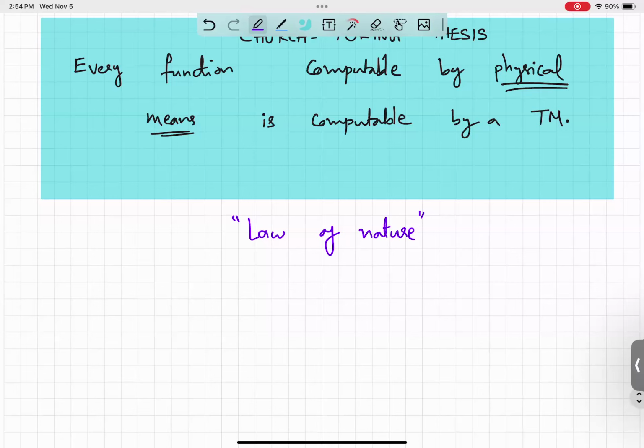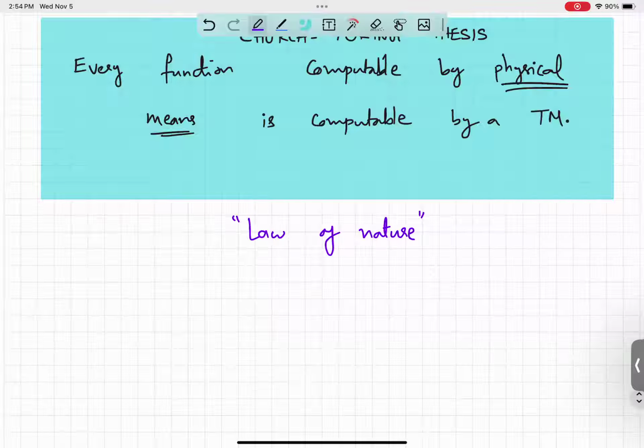Everything that people have dreamed up, like quantum computing, relativistic computing and all of those other things, every one of them, it turns out, can actually be captured by a Turing machine as well. So no one has come up with a plausible physical reality where you get a model which is not computable by a Turing machine. So in some sense, this very rudimentary programming language is just as powerful as you can ever get.